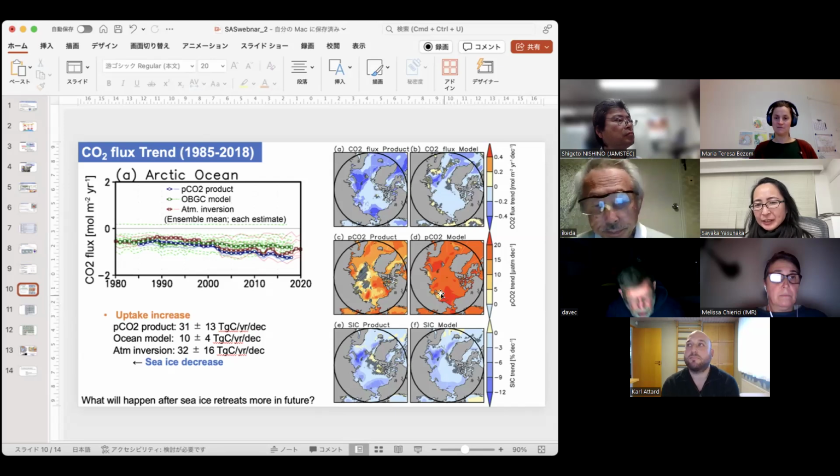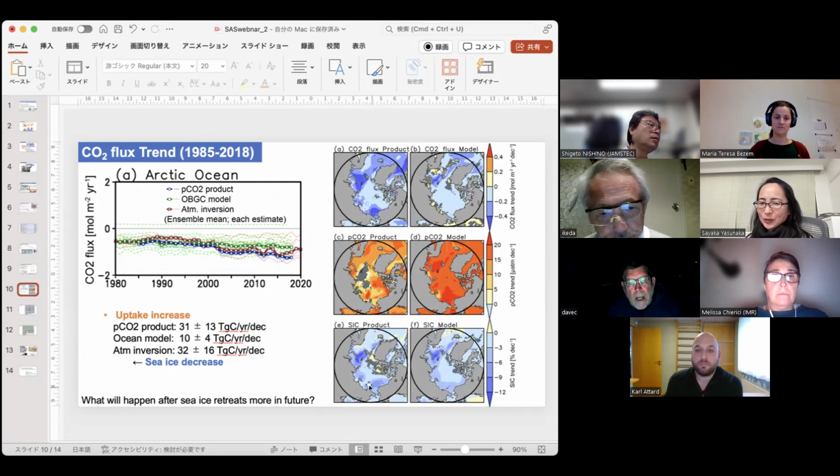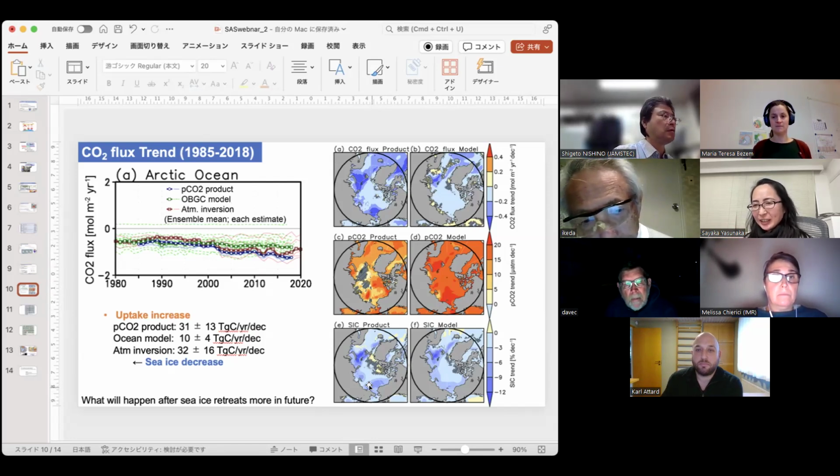But in the models, the PCO2 increase is larger in these areas, and in the products, similar trends are shown. So at this stage, we concluded that the sea ice retreat effect is much larger than the biological effect. Okay, thank you.